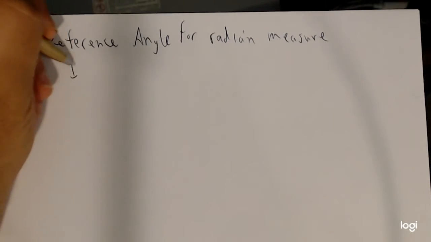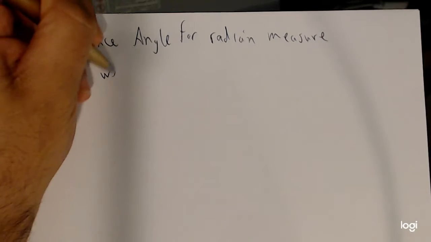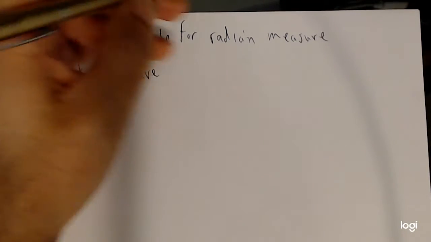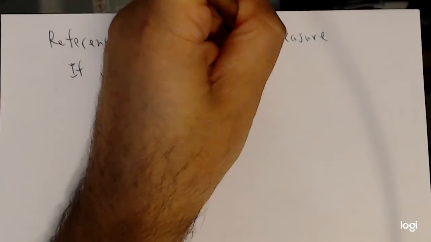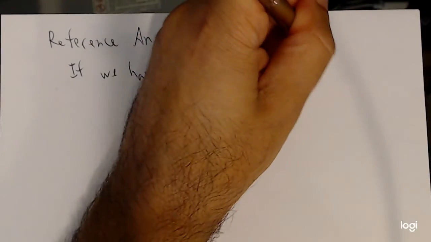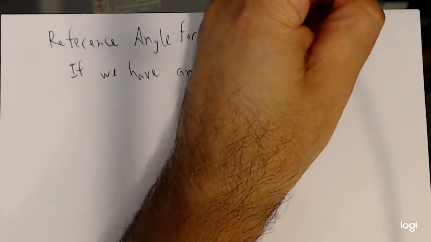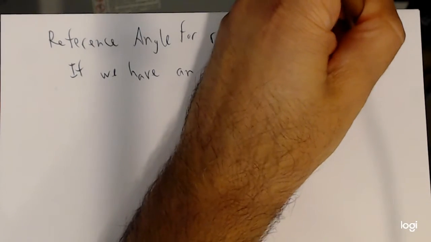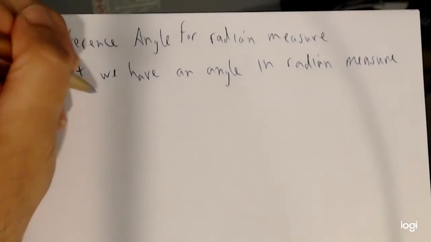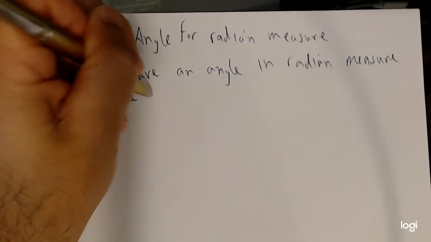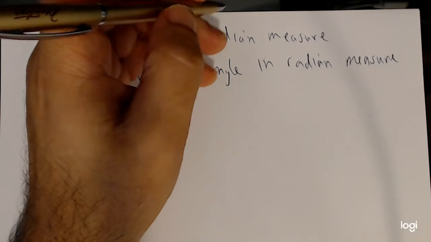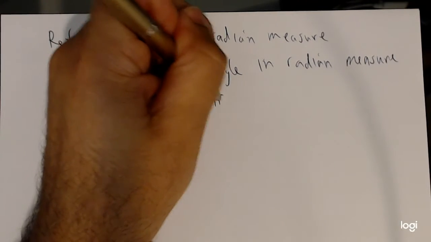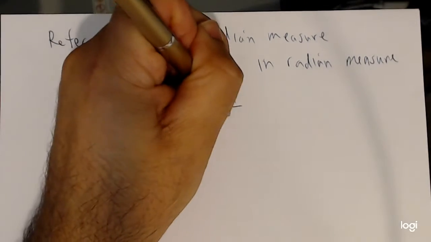We're going to say if we have an angle in radian measure of the form a number pi divided by a number.